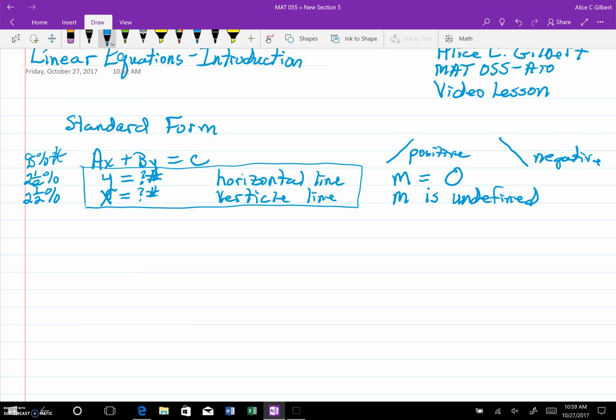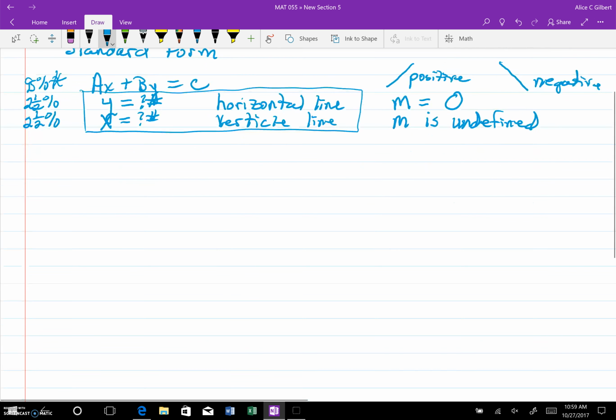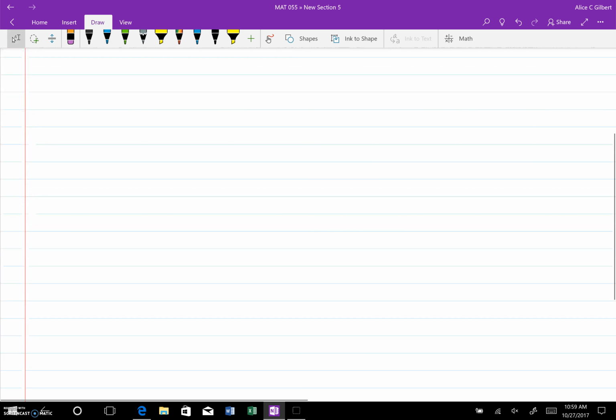So learn these standard forms: ax plus by equals c, and y equals some number, which is a horizontal line, and x equals some number, which is a vertical line, and we'll talk more about those as well. Now, some other formulas that you need to know for this unit.